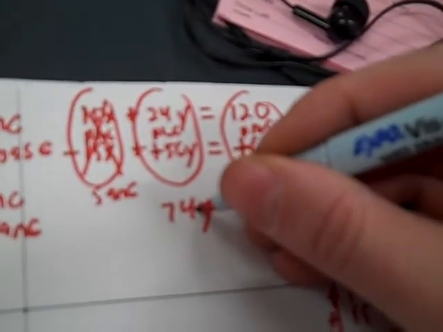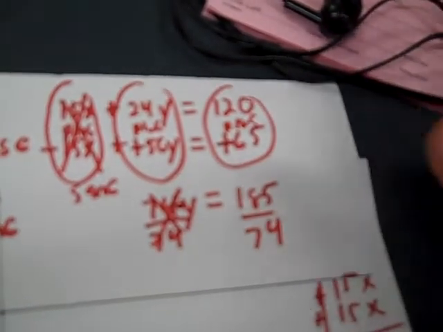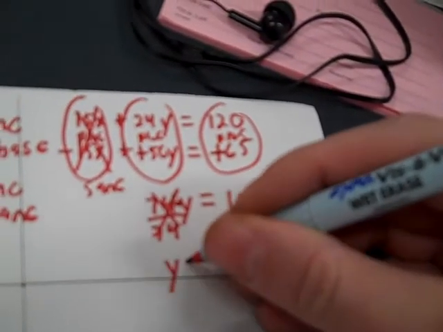Okay, so I dot my y and divide. I divide 185 by 74. I got 2.5. So y equals 2.5. And that's your y.